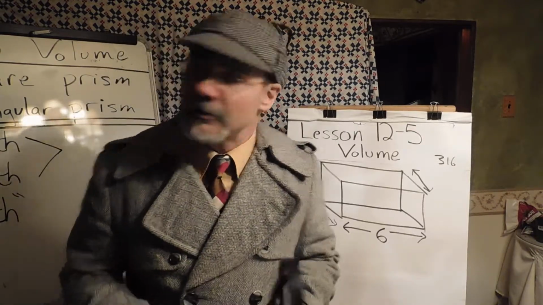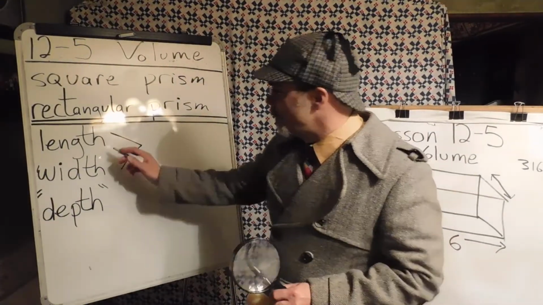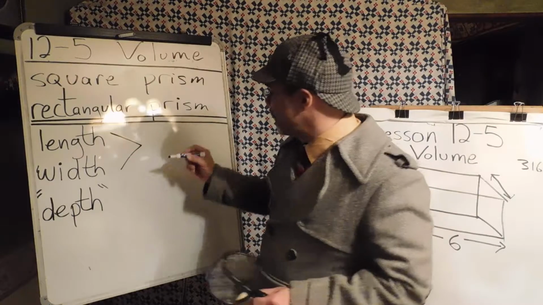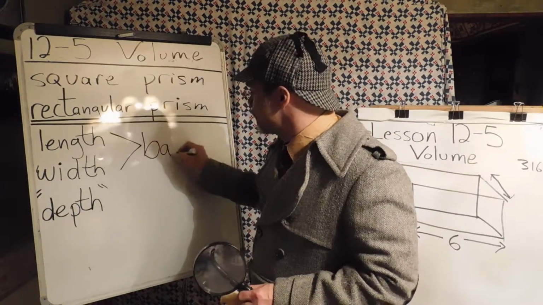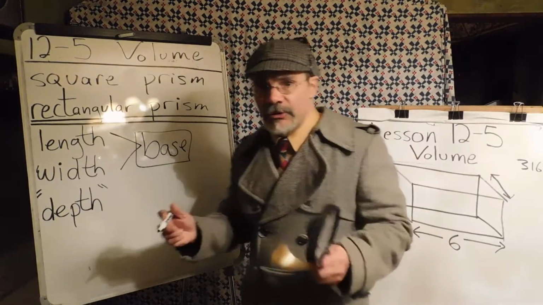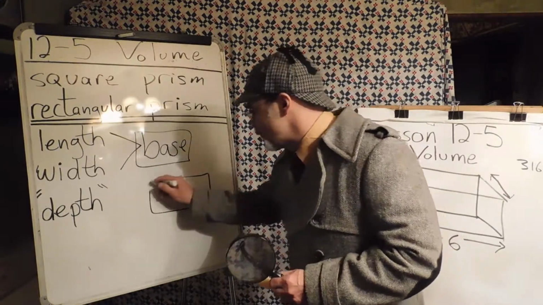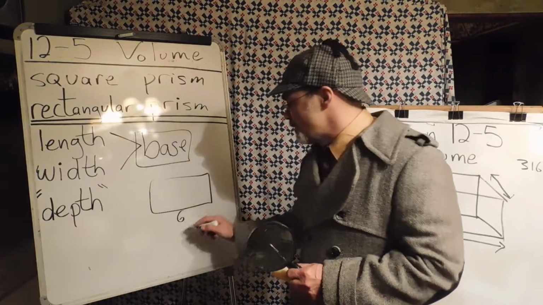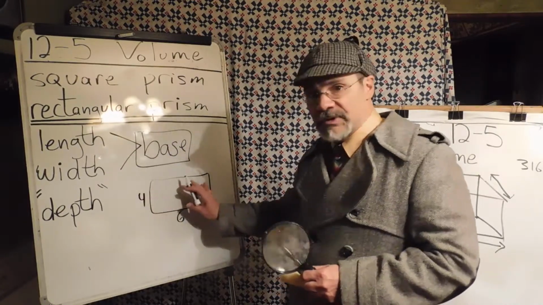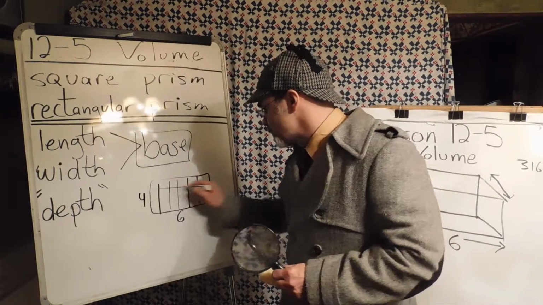Now, boys and girls, listen. The length and the width are what Pearson is calling the base. This is 2 dimensions. Just think of a rectangle that's 6 units this way and 4 units that way.